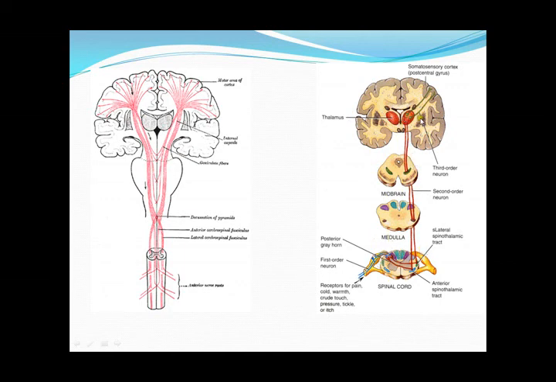And the station is in the thalamus, and from the thalamus another nerve starts. So ascending tracts which are going towards the brain for sensation have three components. First nerve is from the tissue toward the spinal cord, from the spinal cord toward the thalamus, and from the thalamus to the cortex. While descending tracts are two, from the cortex to the spinal cord, and from the spinal cord to the tissues.